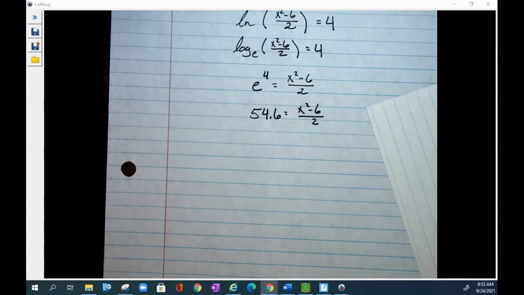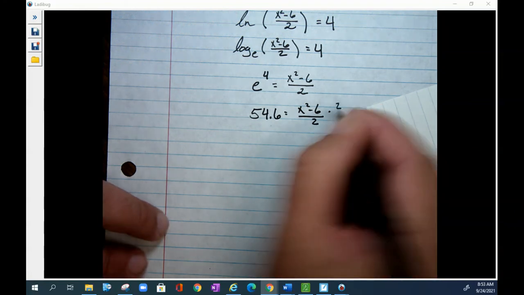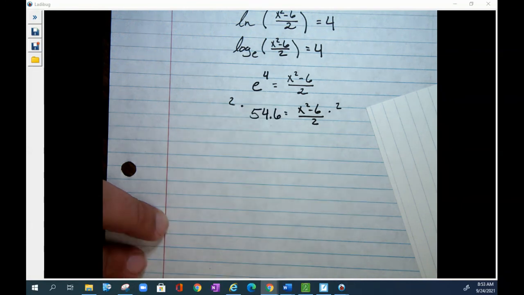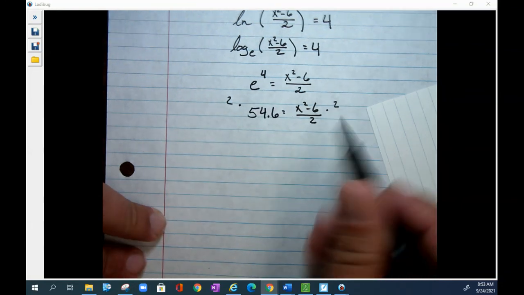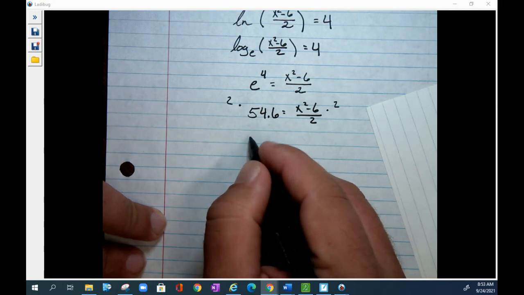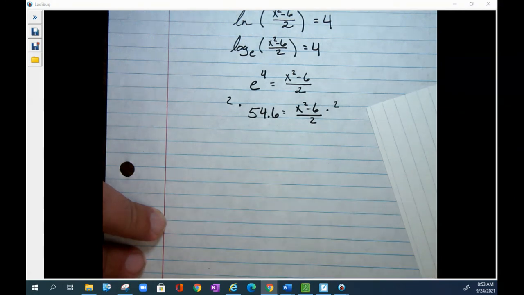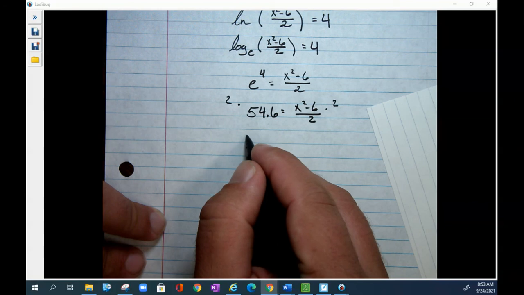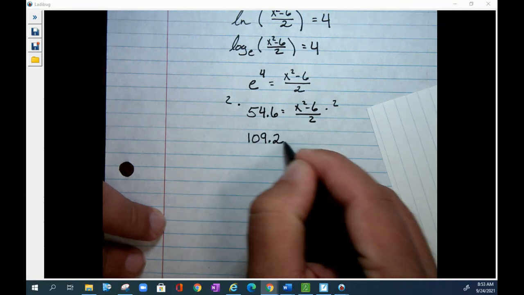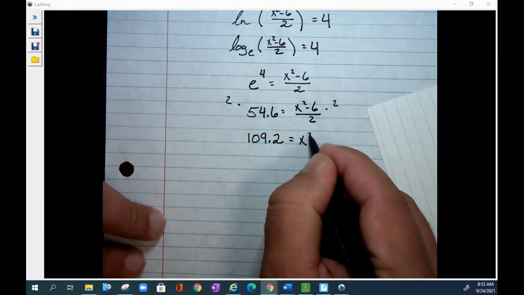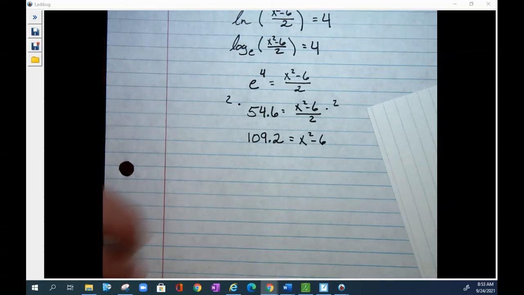Now we're just going to go through and solve. Multiply by 2 on both sides to get rid of this fraction. Okay? Please look and remember this.